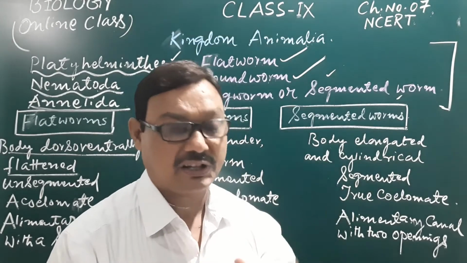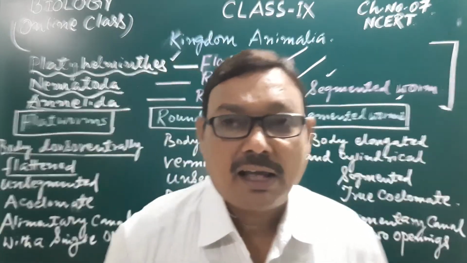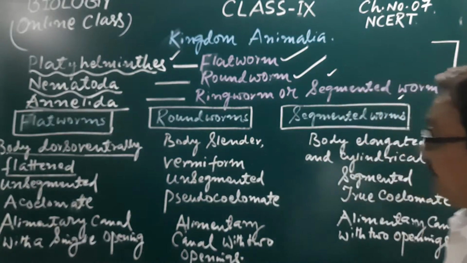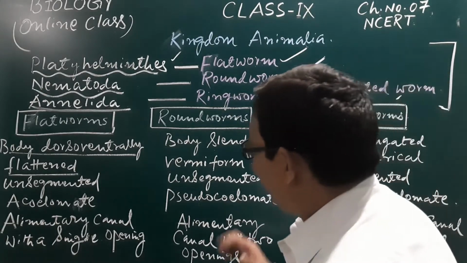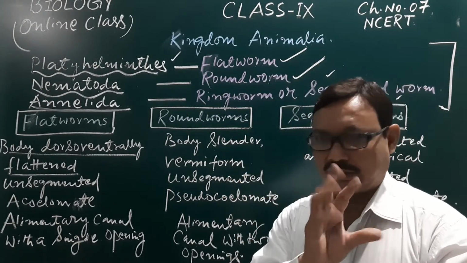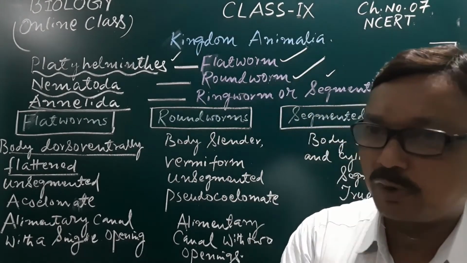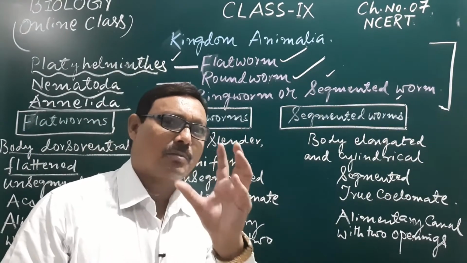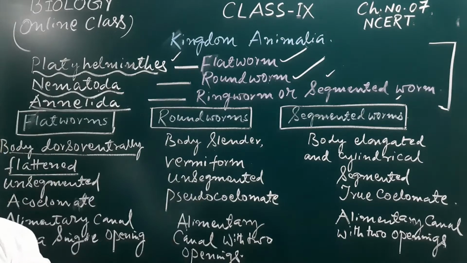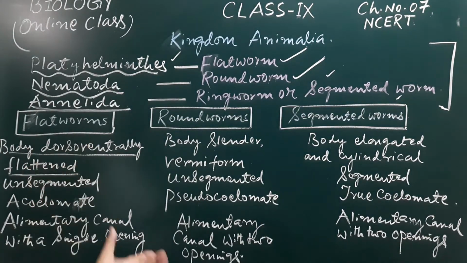After this we will study those 3 phyla. Number 1, Arthropoda, number 2, Mollusca, and the last one is Echinodermata. So those are the phyla which we will study today.